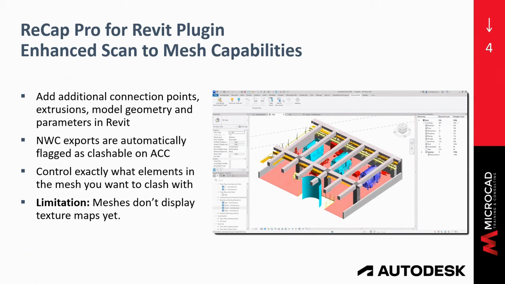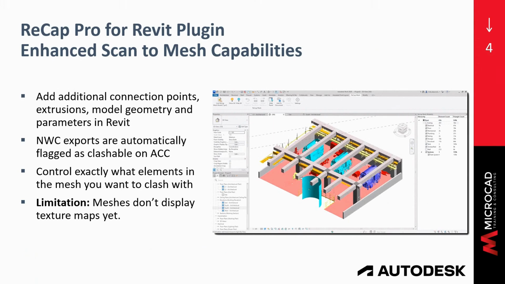Right now, Recap files are seamlessly integrated with the Autodesk Construction Cloud, the ACC, as we know it intimately. And that enables enhanced collaboration and clash detection between files. NWC Navisworks files are automatically flagged as clashable within the ACC also.